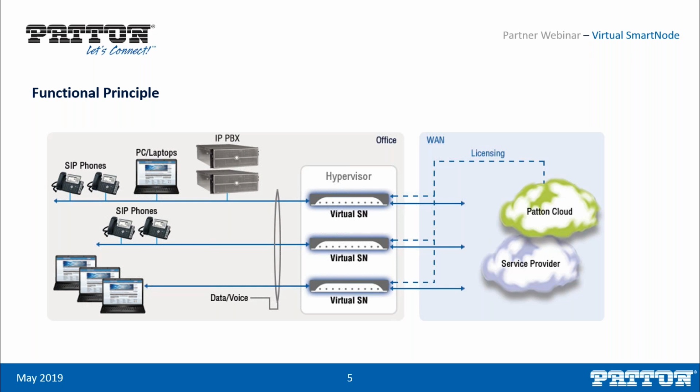It can serve as an SBC as well, connecting the SIP phones directly to the virtualized PBX sitting in the cloud. But there is also the possibility to use the virtual SmartNode as an access router, terminating VPN links, for instance, doing DHCP functions and so on. And as you can see, the licensing of the virtual SmartNode is done out of the cloud, which allows a centralized, easy management with a few mouse clicks. The different functions of the virtual SmartNode can be enabled or disabled.